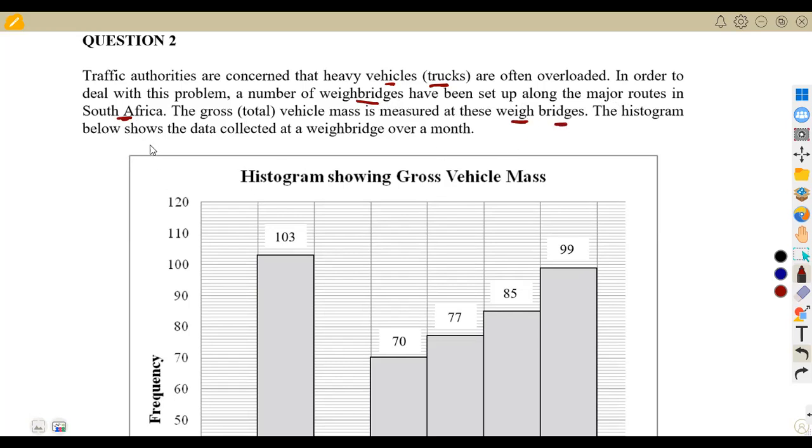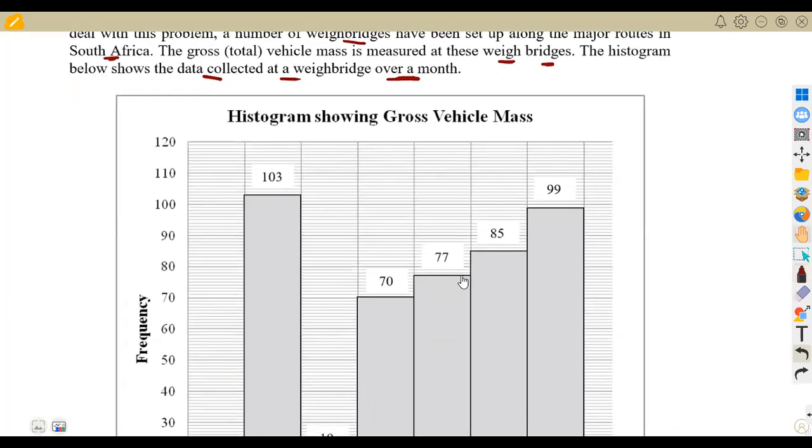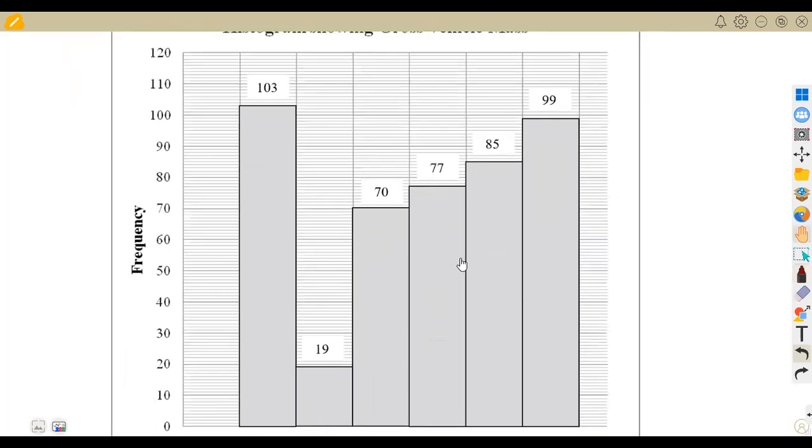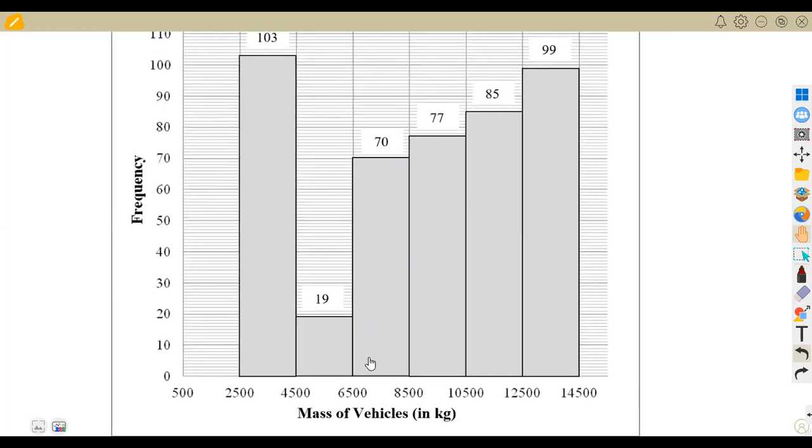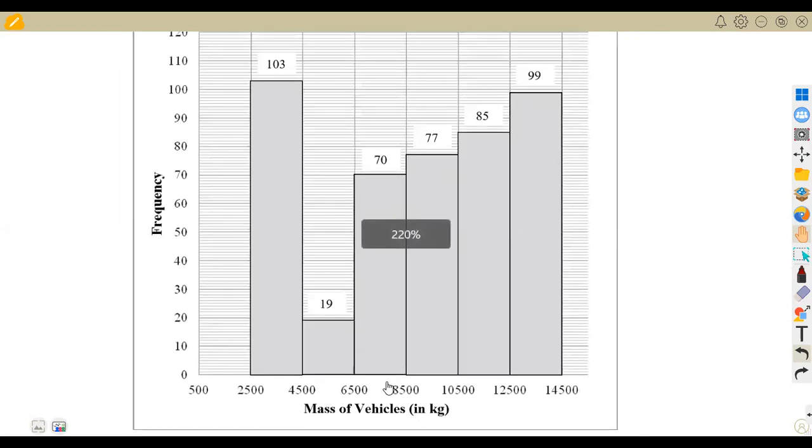The histogram below shows the data collected at the weighbridge over a month. So this is over a period of a month where the information was collected. This is the histogram showing gross vehicle mass. On this side we're given the frequency, and on this side we've got the mass of the vehicles in kilograms.